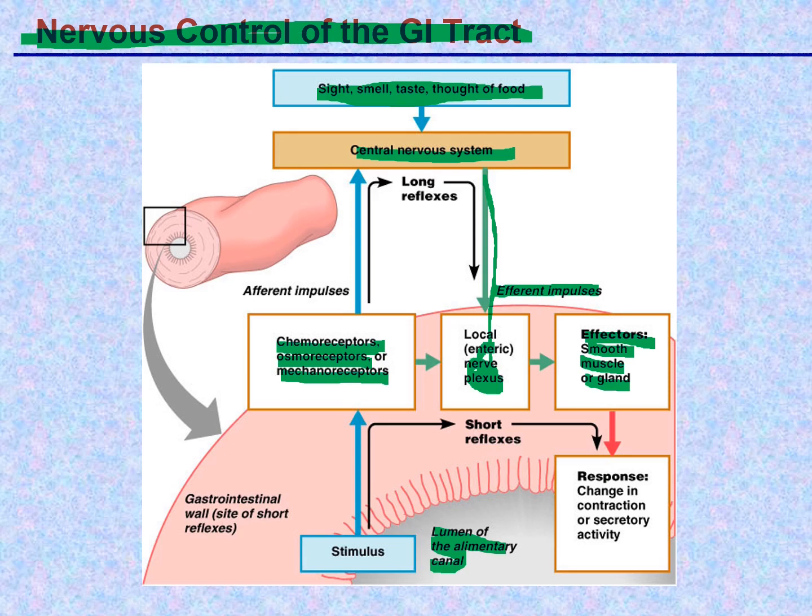Mechanoreceptors respond to stretching of the wall, which occurs with food moving through, and that can send sensory input and information to the central nervous system. So these are afferent impulses, sensory nerve impulses going towards the central nervous system, where they are processed and then sent down to the local tissue, triggering activity in the excitable effector tissue.